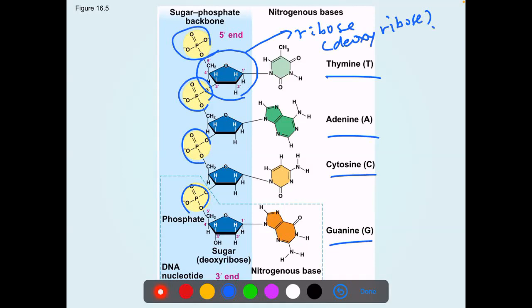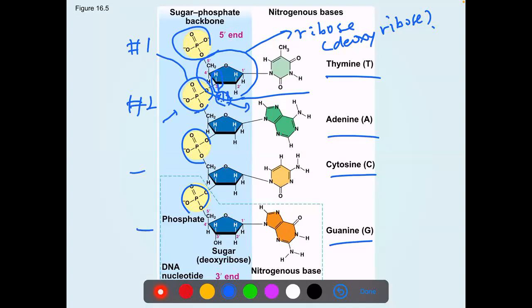This is the first nucleotide. Then how is number 2 added to number 1? The 5' phosphate is added to the 3' carbon of the deoxyribose sugar. There is an OH group here, which is removed, and then the phosphate group attaches with a covalent bond. This is how they add to the backbone.